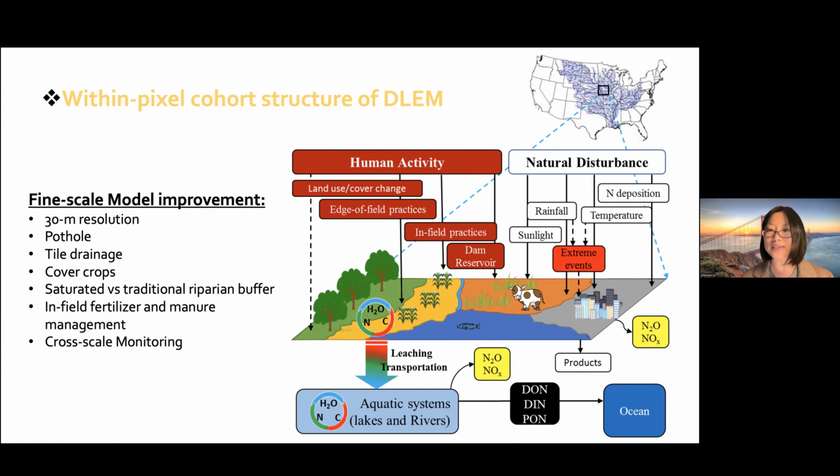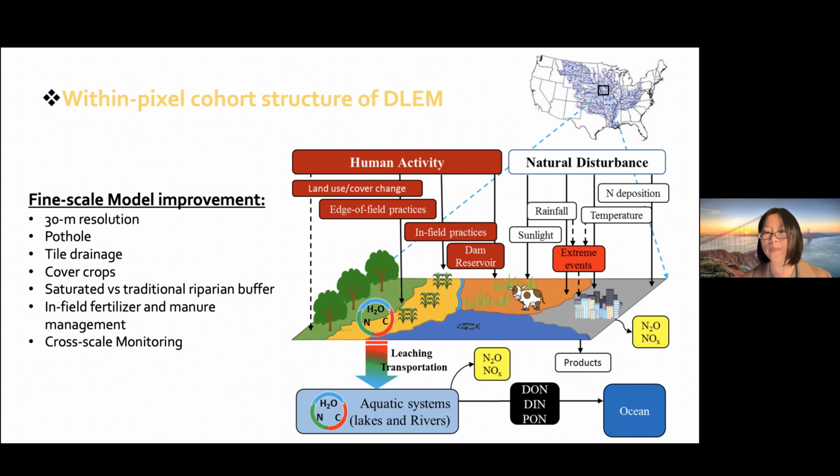So for example, when we do the model simulation, we divide the entire land surface into lots of grid cells of the same size. Within each grid cell, we have a cohort structure design. We simulate both agricultural lands and non-agricultural lands.